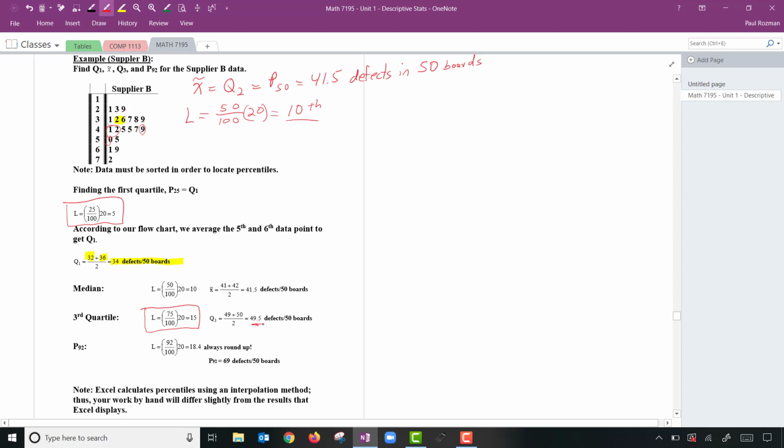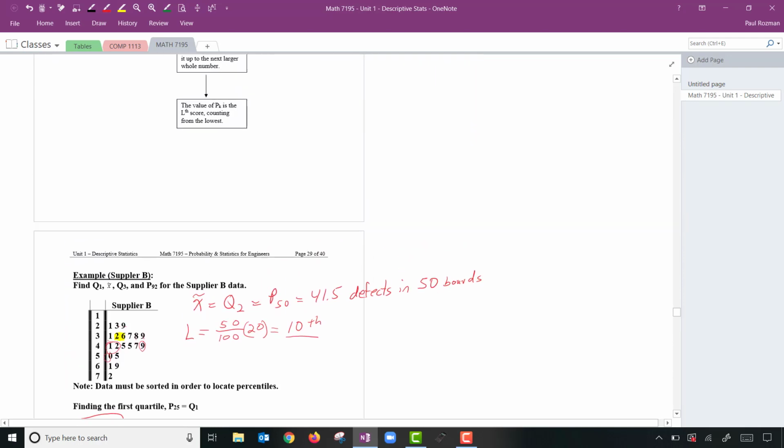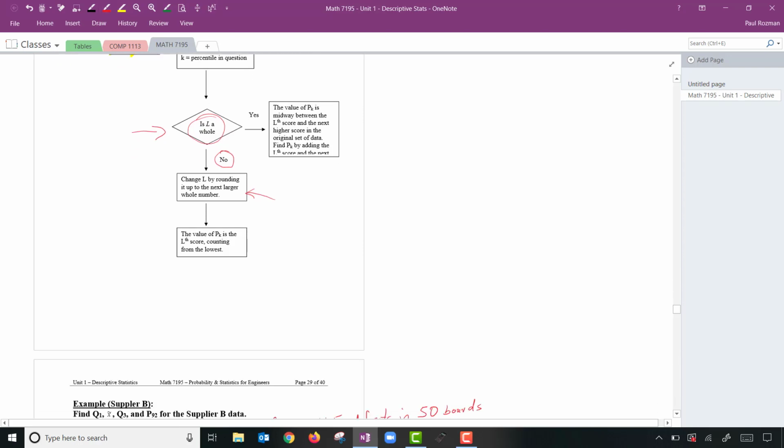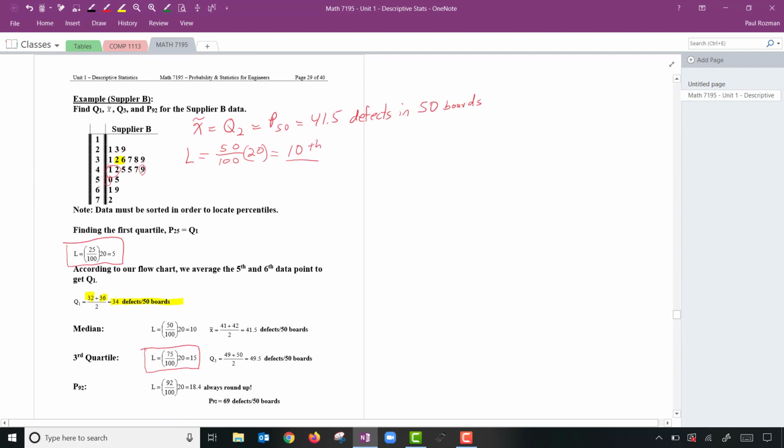The 92nd percentile is a little different, in that 92% of 20 things is 18.4. Now we don't have a whole number for our location, but if we go back to our flow chart, is L a whole number? The answer is no. So we're just going to round it up and choose the value at that spot.